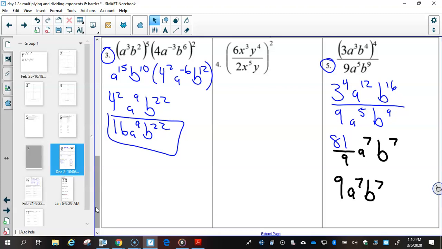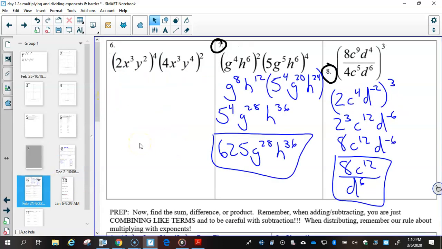Do we have any questions on 3 and 5? We did that one together. Check your answers for 7 and 8.